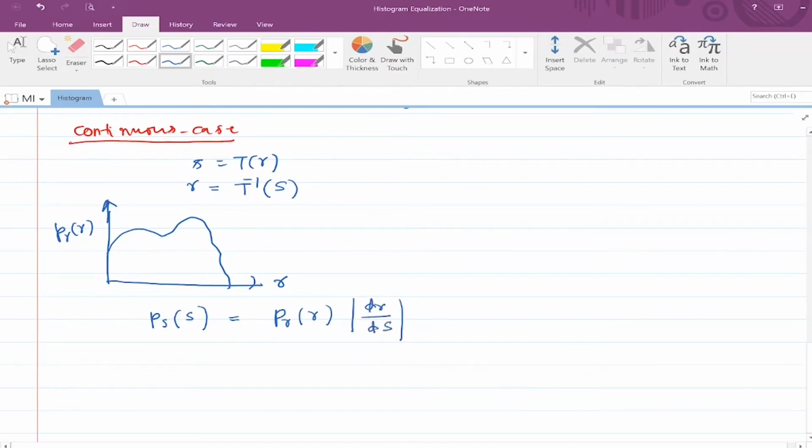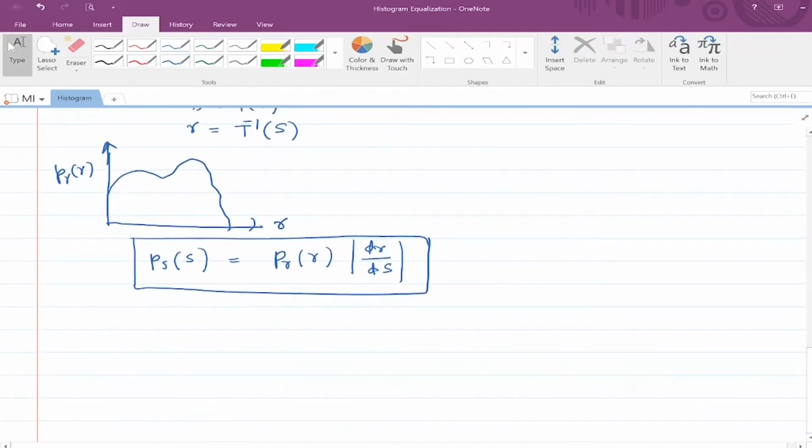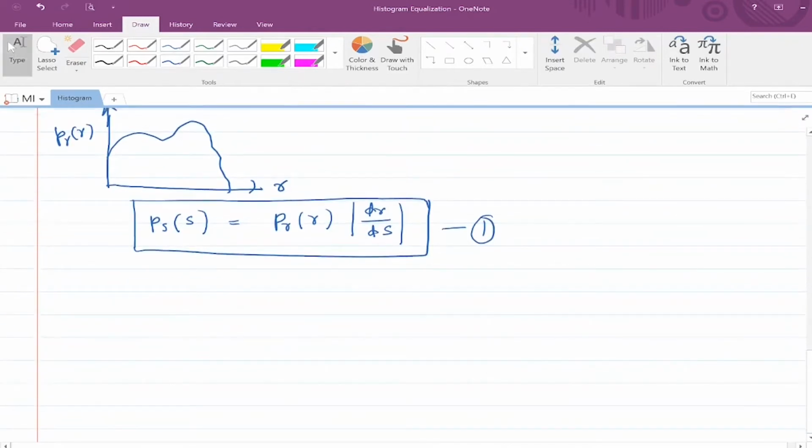These two are related, one obtained from the other, through the inverse relation existing between them. This is how the probability density functions of the random variable r and the transformed variable s are related.